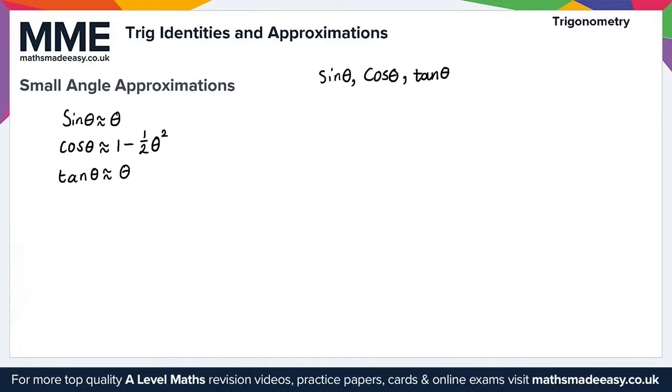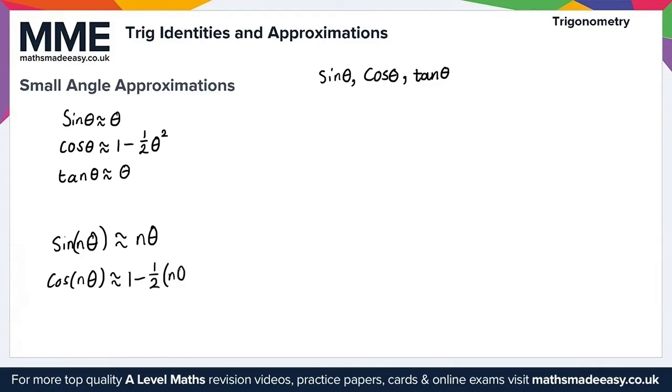So writing out the extension here for multiples of theta, sine of n theta approximates to n theta. For cos of n theta, this approximates to 1 minus a half of n theta squared.